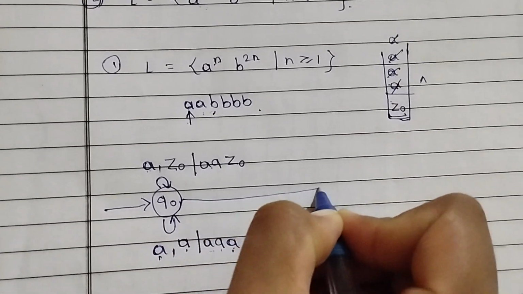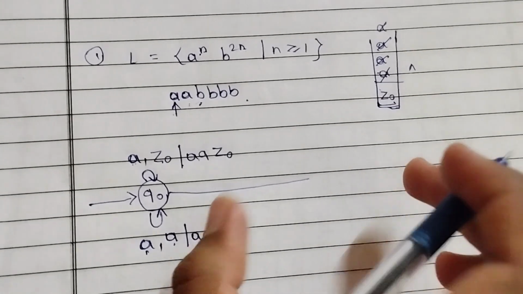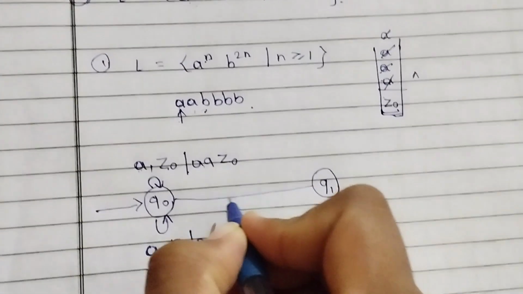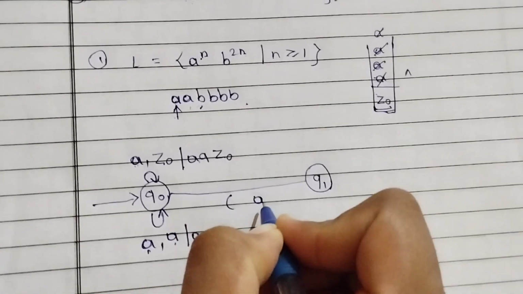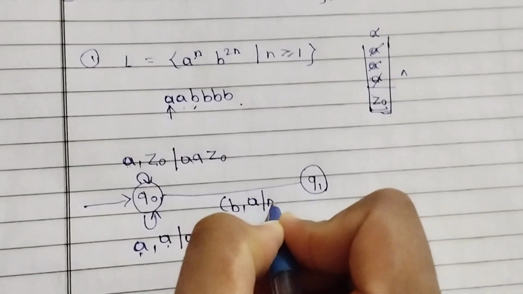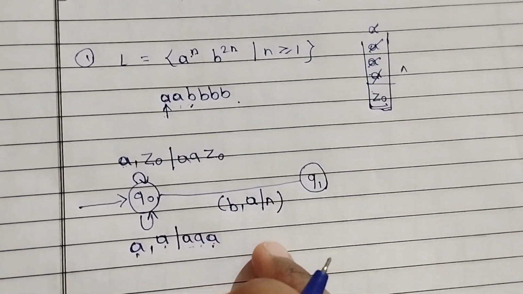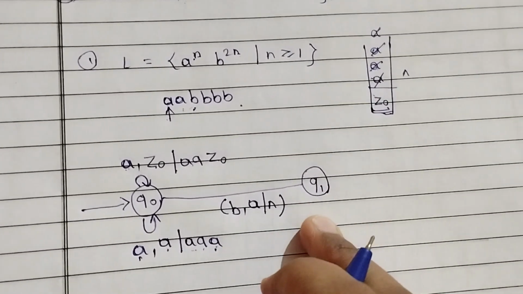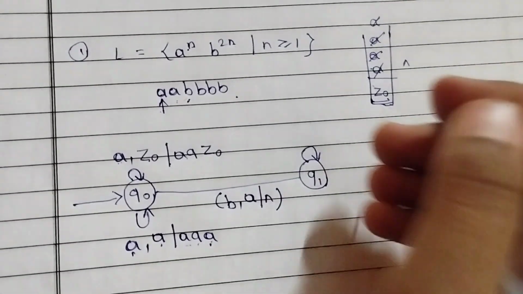Now we read b. For that we consider the next state. This is the q1 state, and here a is already present and we read b, so that time we pop the a. For the pop operation we consider the second state. Here for all the b's, all the a's are popped.